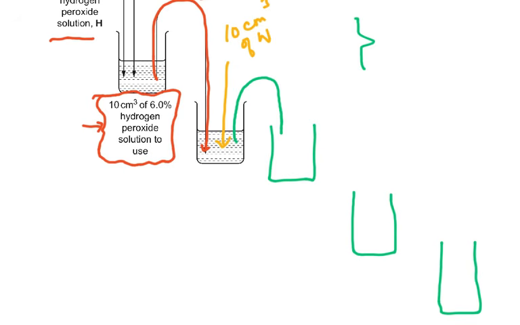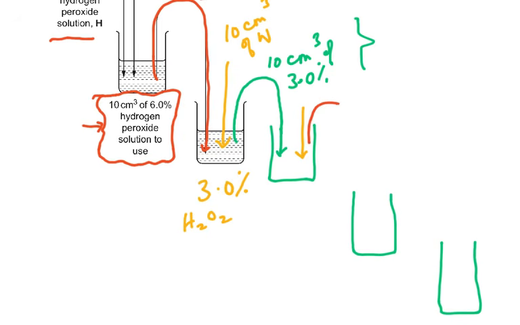This was a 6%. This will be a 3.0% hydrogen peroxide. And here every time you would take out 10 cm cube of the 3%, and then you would add water to it, and then you would take out again from here.